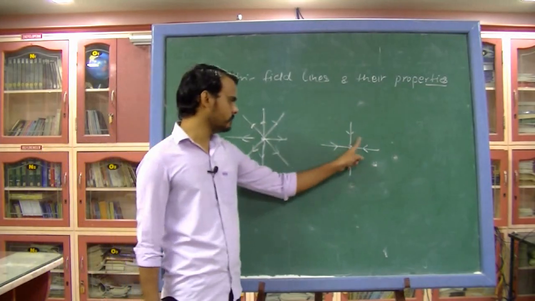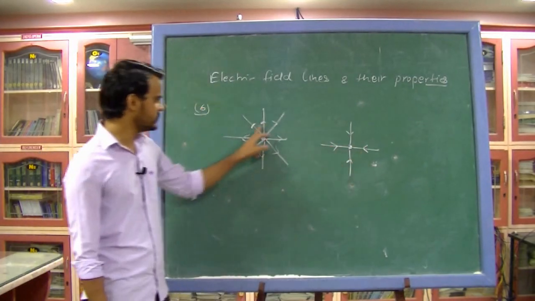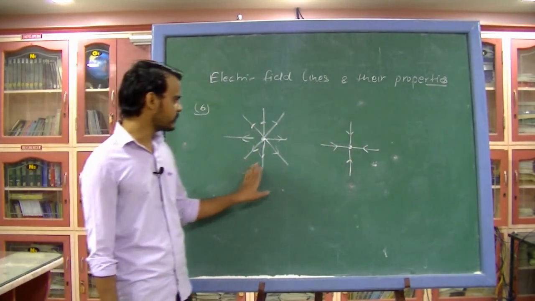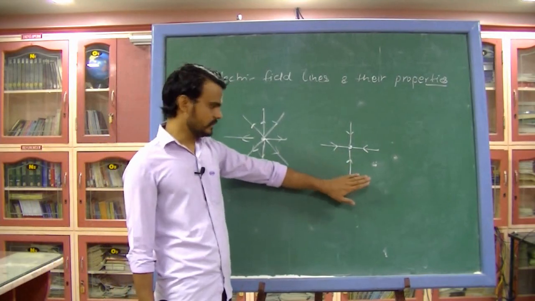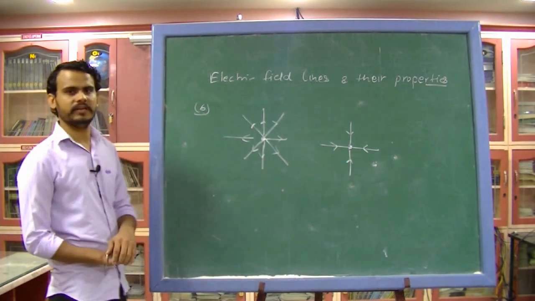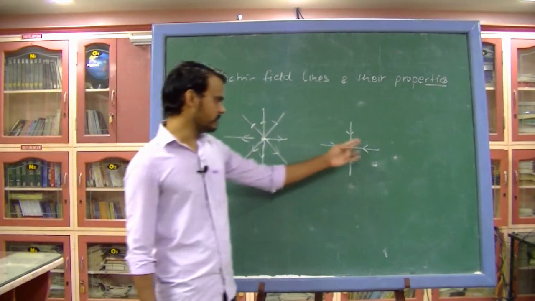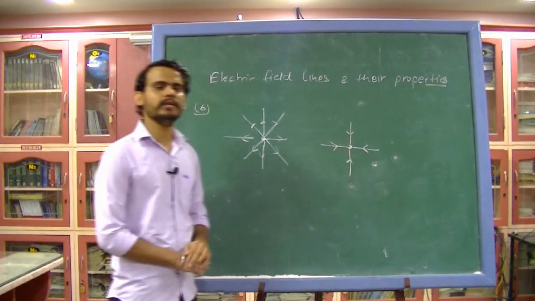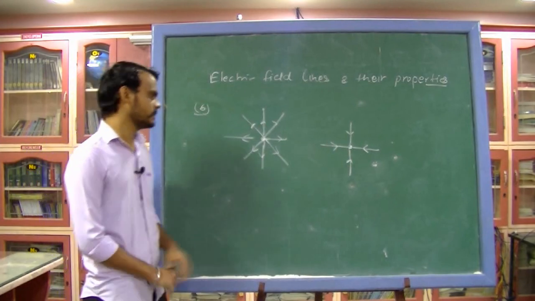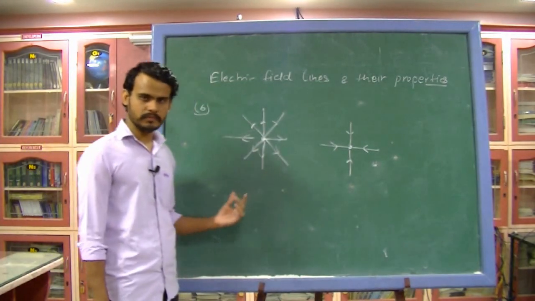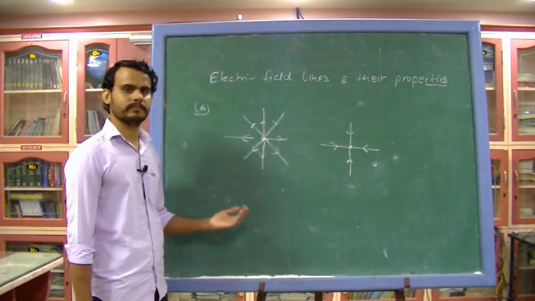This charge has only 1, 2, 3 and 4 lines, this charge has 8 lines. So magnitude of this charge is double of this charge. So last property of electric field lines is the number of electric field lines originating or terminating from a charge is directly proportional to the magnitude of the charge. If magnitude of the charge is more, electric field lines will also be more.